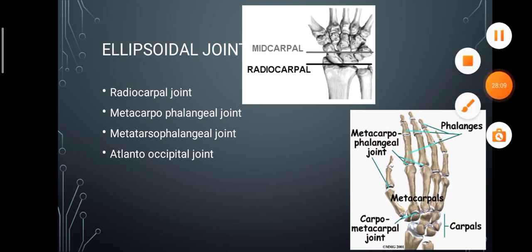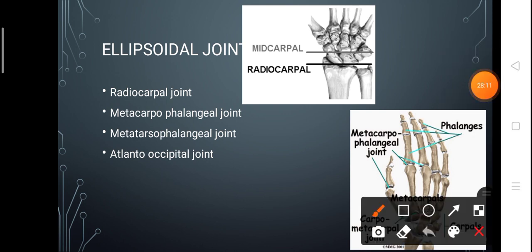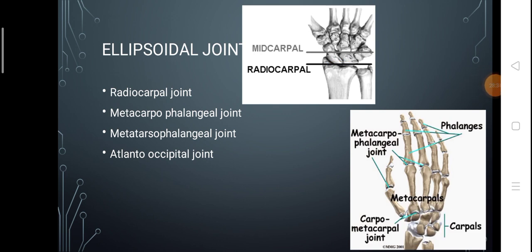So in the case of the wrist, the carpal bones' articular surface is convex, and the inferior surface of the radius is concave, right? That is, one articular surface will be concave and the other articular surface is convex, as in the case of the wrist joint.